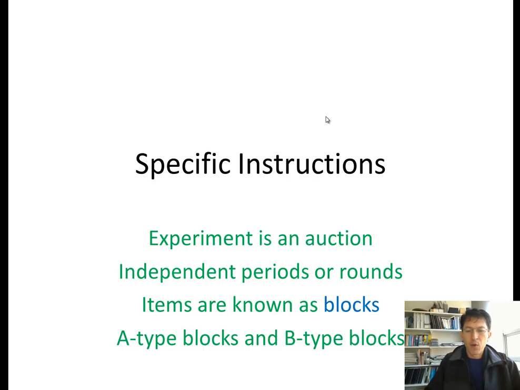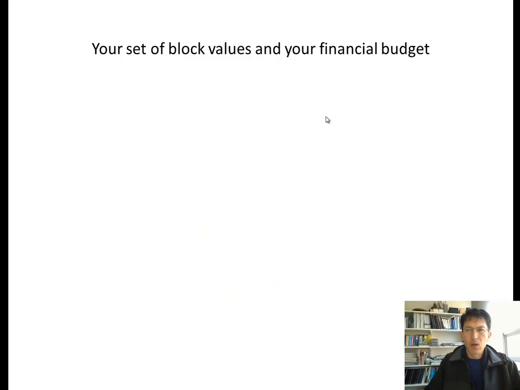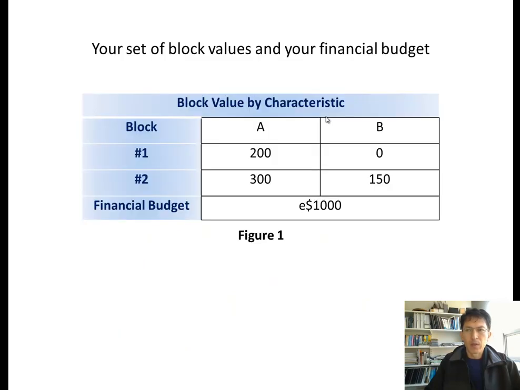For illustrative purposes, assume that at the beginning of the period, you are assigned the set of block values and the financial budget shown in Figure 1. Each participant's assigned block values and financial budget will generally differ across periods.